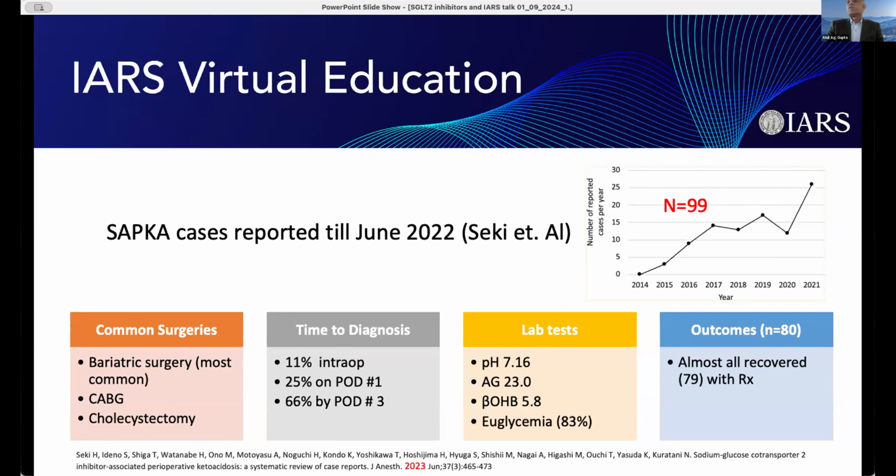The acidosis tended to be severe, with a median pH of 7.16, although it may be a selection bias, as patients with higher pH may not have been detected. And 83% of patients had euglycemia. They reported outcomes in 80 patients. 79 patients recovered with treatment, and 1 patient died of complications of surgery. Next slide, please.